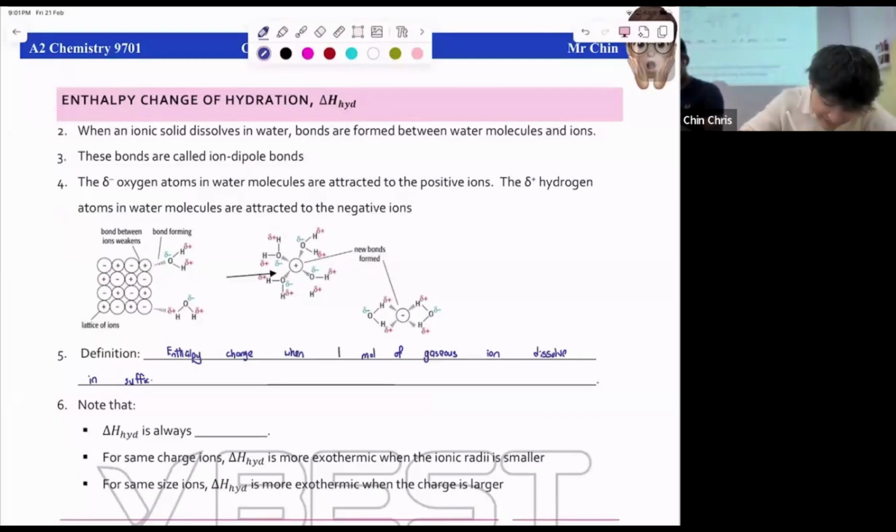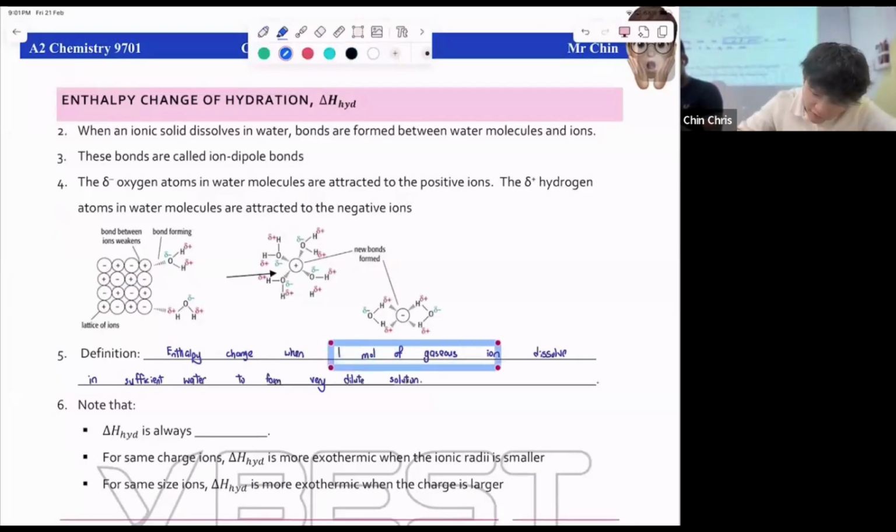Insufficient water to form a very dilute solution. Keyword: 1 mole of gaseous ion.